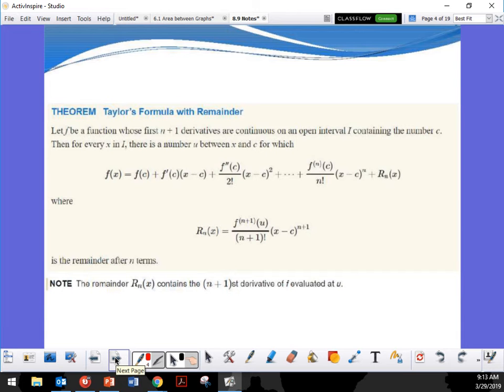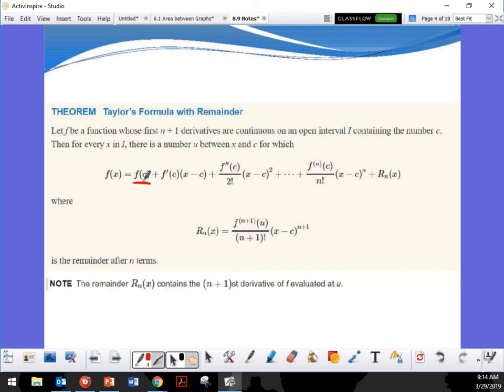Anyway, all right. Theorem: Taylor's formula with remainder. Let me start at the beginning. Let f be a function whose first n plus 1 derivatives are continuous on an open interval I containing the number c.